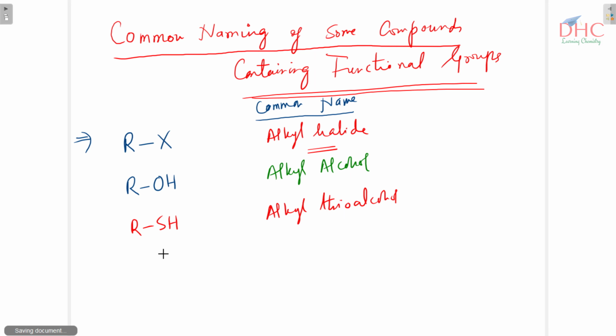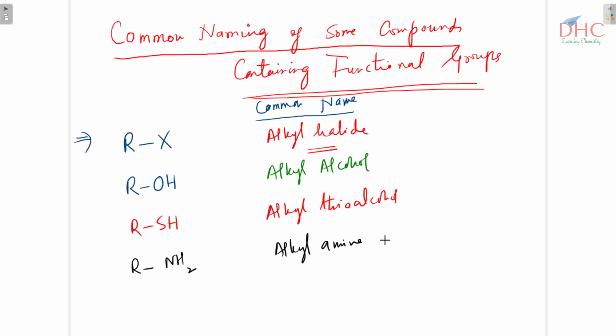The next is R single bond NH2. This is basically the amine group, so the name is alkyl amine. Amines can be secondary, they can be tertiary.